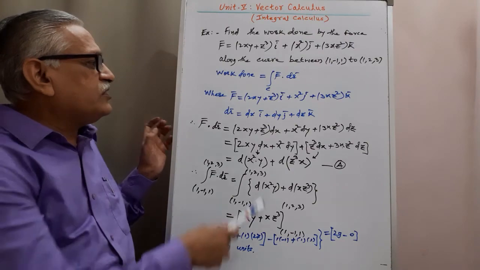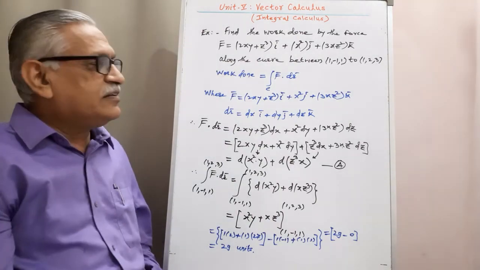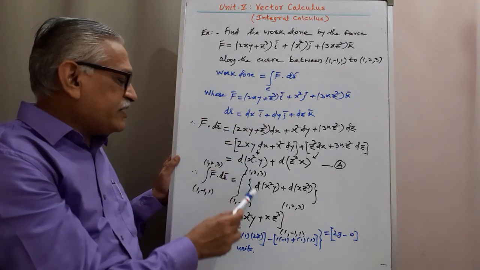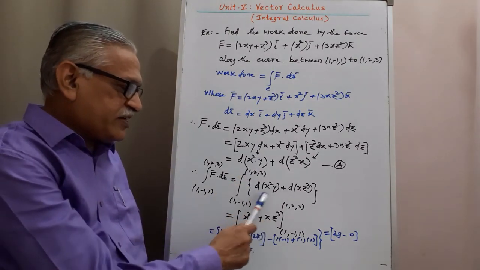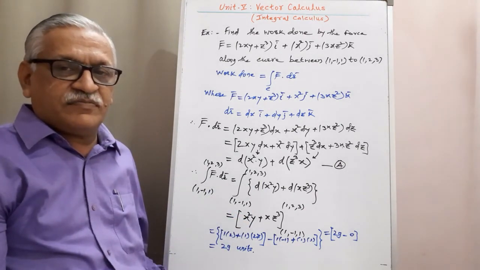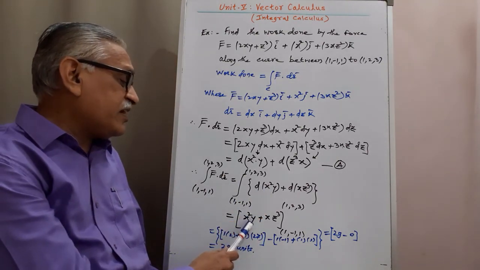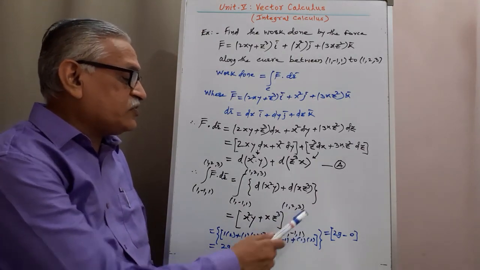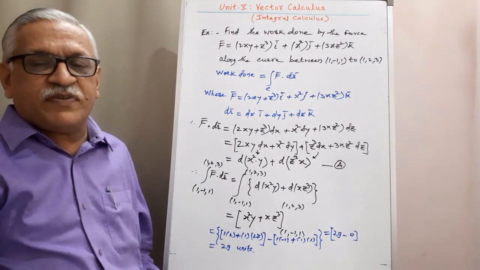And if it is conservative, then in the second part, we try to obtain the value of work done by performing this line integral of f bar dot dr bar by converting that in the form of a total derivative, like I have converted here, and then integration of that term of derivative, the two operators cancel each other, we get the required term as x square y plus xz cube, and the limits are from 1, minus 1, 1 to 1, 2, 3, and by substituting the upper and lower limit, we get the required value of that work done.